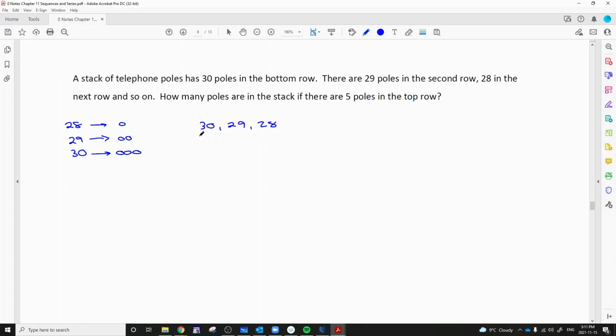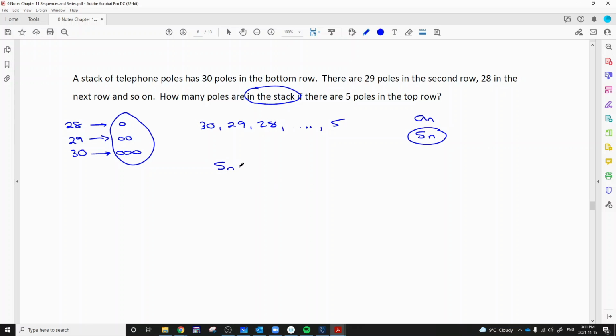We have an arithmetic sequence. For this one, it says how many poles are in the stack if there are 5 poles in the top row. Are we finding an nth term or the sum of n terms? Since we want to know how many poles are in the stack total, we're finding the sum.